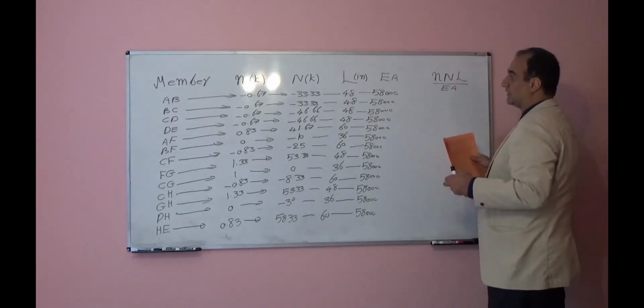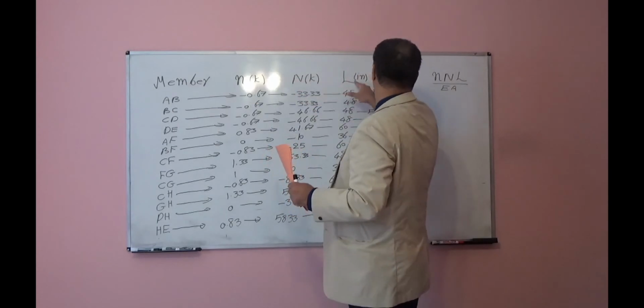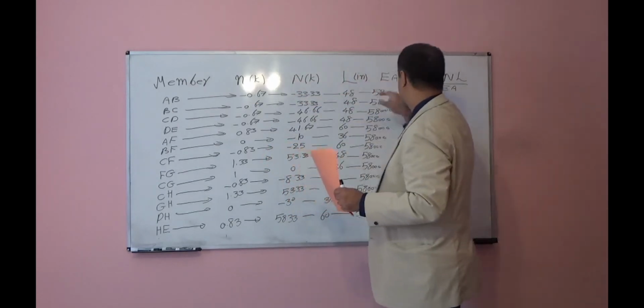Now, you will multiply this column by this column by this column, and you will divide it by this column.